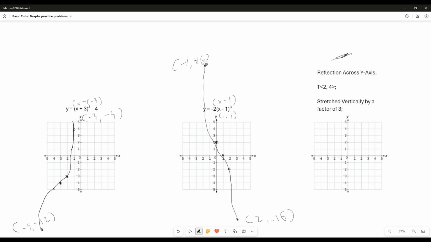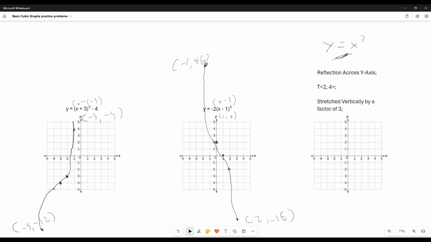That explanation is going to help us for this one. So for this problem, say you're starting out with y equals x cubed. Assume that you're starting out with y equals x cubed. Always do that when you're given just something like this, unless they specifically tell you to start out with a different equation. So it's a reflection across the y-axis.